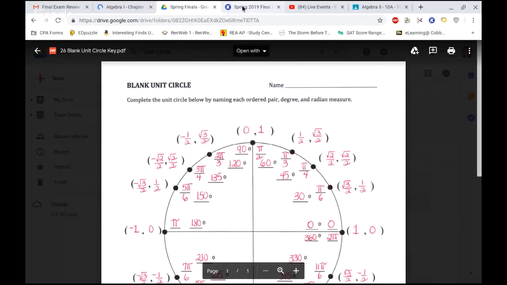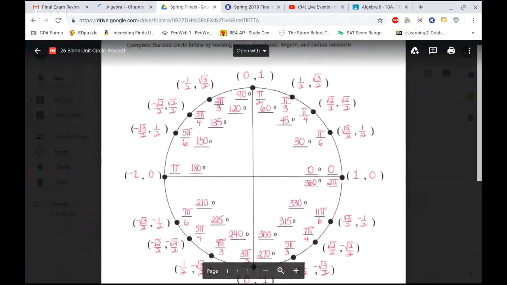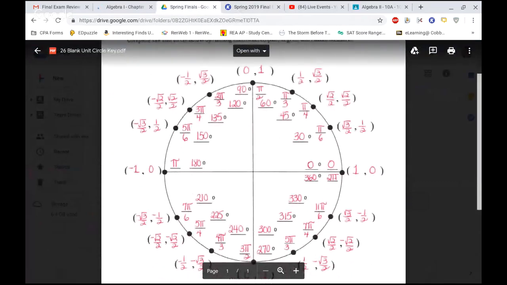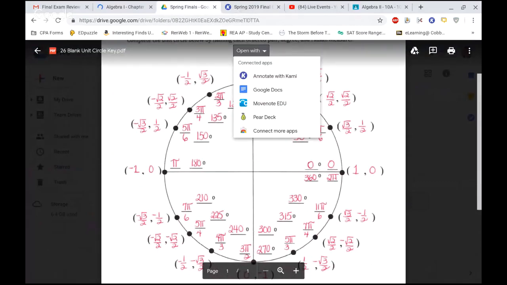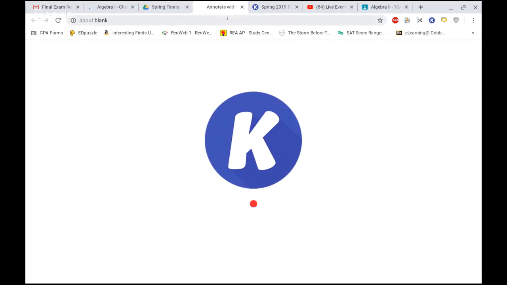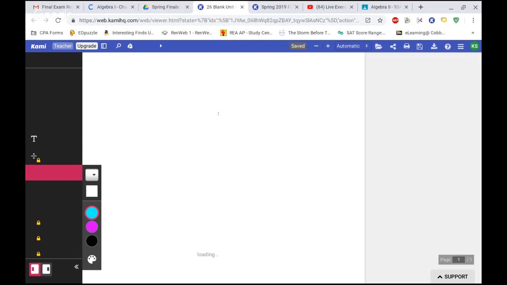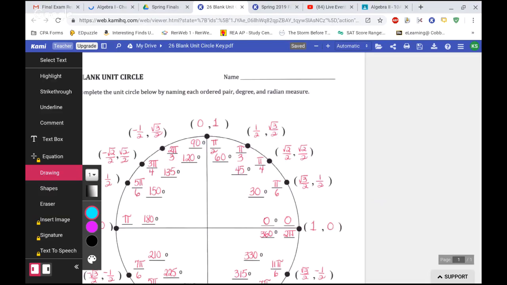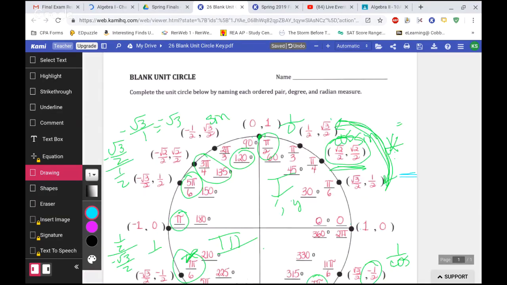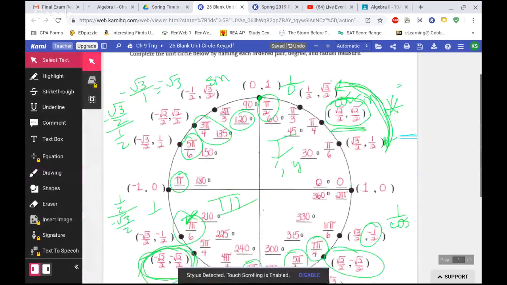And look at 180. You can see I've been drawing all over this.